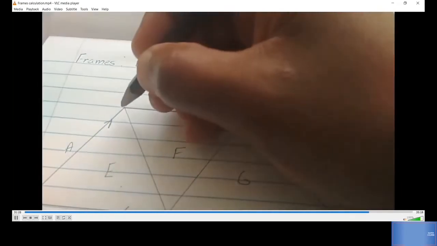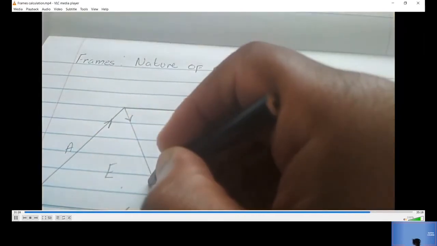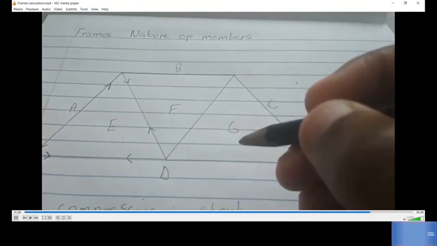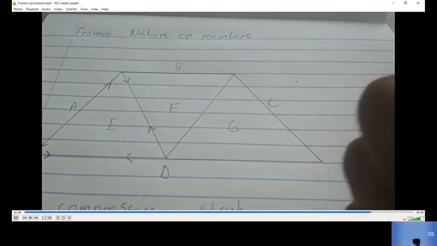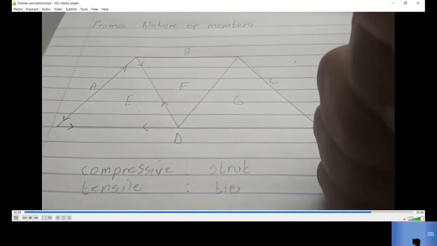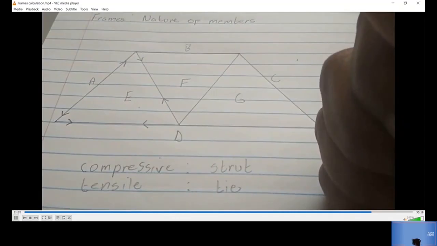There's F right there and there's E. So it's moving that way. We take that direction, put it right there where we were standing, and then we balance it. Okay, so what is it doing? It's trying to push itself together. That means it's experiencing a tensile force, and that's making it a tie.